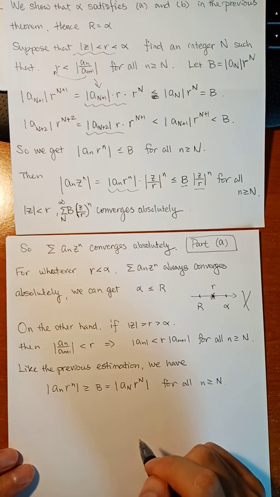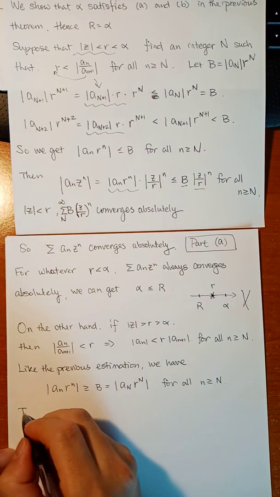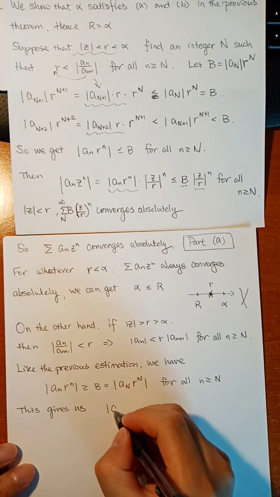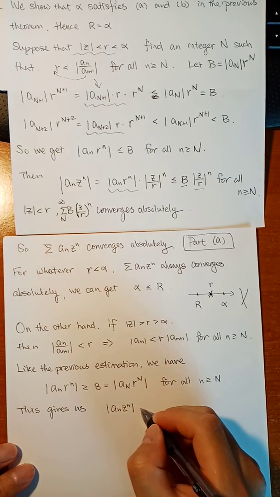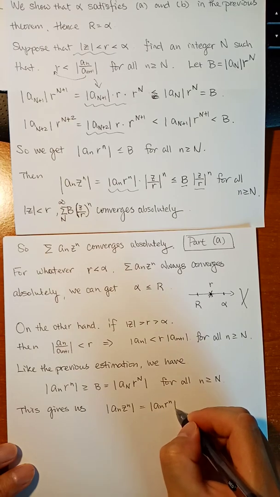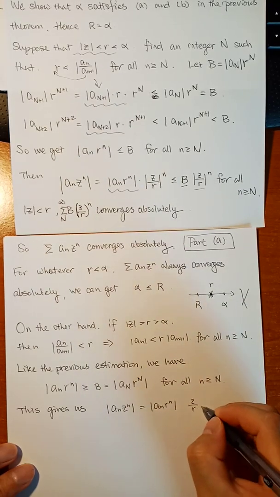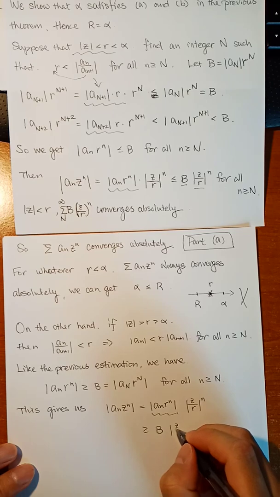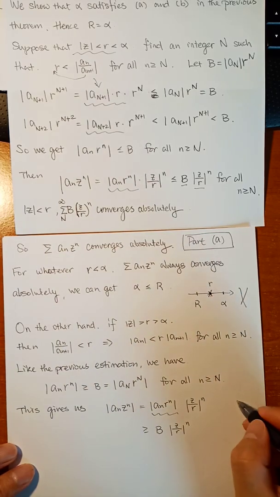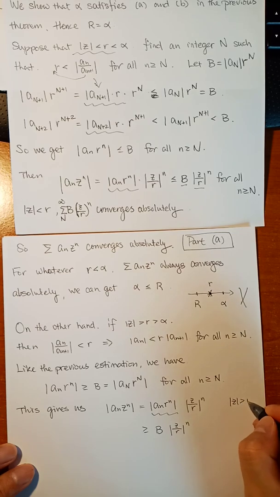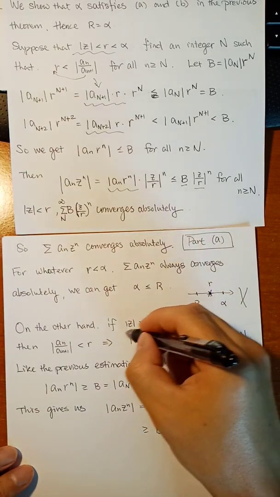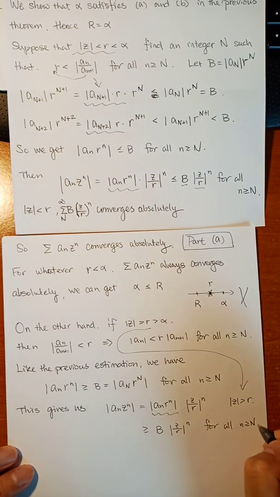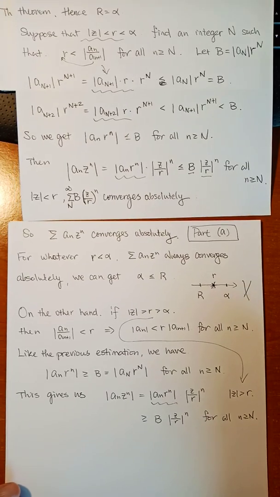And this gives us the upper value of a_n z^n is equal to a_n r^n times the upper value of z over r to the nth power, and this one is greater than or equal to b. And remember that the upper value of z is greater than r for all n greater than or equal to capital N. All right.